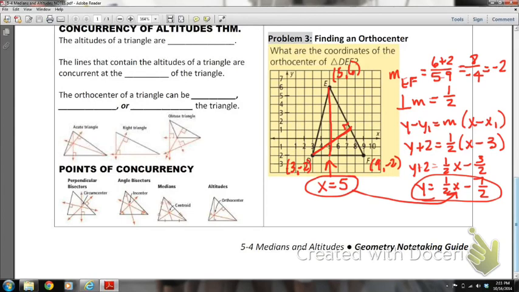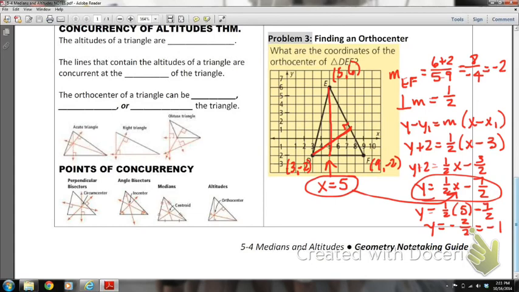So here we have y equals 1/2 times 5 minus 7/2. Then y equals 5/2 minus 7/2, which is negative 2 over 2, which is a negative 1.